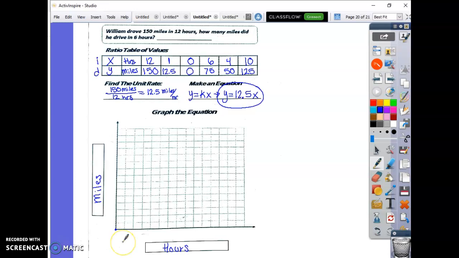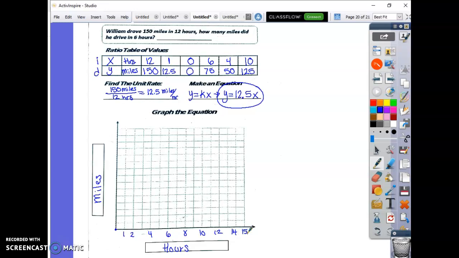So I'm going to go by each line is going to represent 1 unit. So 1, 2, skipping 3, 4, 5, 6, 7, 8, 9, 10, 12, 13, 14, and 15.